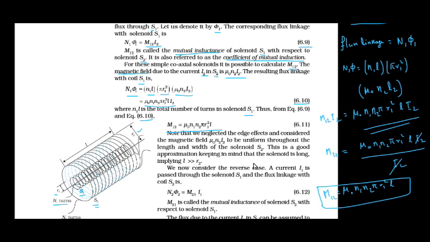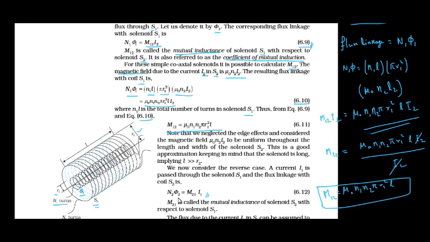A current I1 is passing through the solenoid S1 and the flux linkage with coil S2 is N2 phi 2 is equal to M21 I1. So same like equation 6.9, we can write here oppositely.